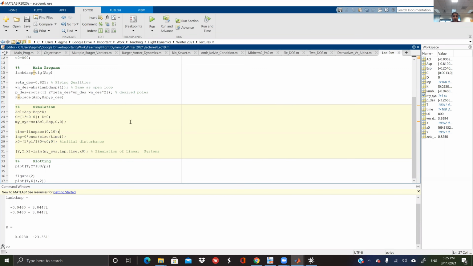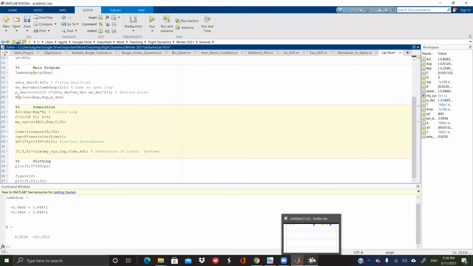And remember, this is a feedback control, right? We're simulating the closed loop system. How can you retrieve your control input from a closed loop system?